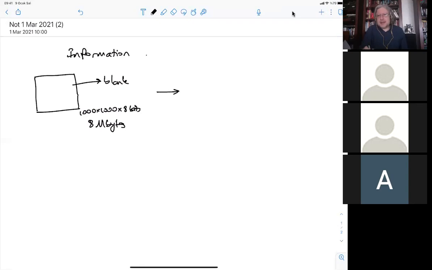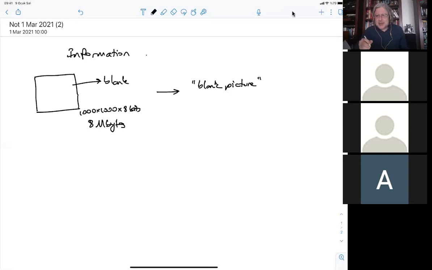Now, instead of that, if I can find a method to convert from the left-hand side, 8 megabytes of image data, picture data, to the right-hand side, which is saying just blank picture.